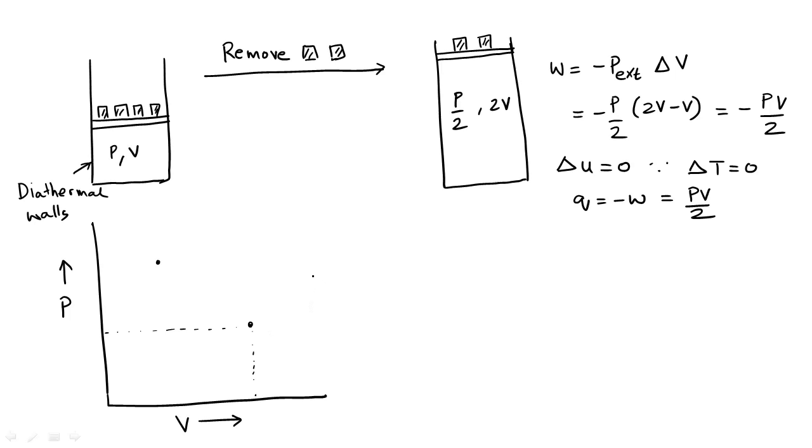Now let us do the expansion in two steps. Let us again start with the original state of the system, P, V. In the first step, we remove some weights so that after equilibrium, the pressure of the gas is 3P by 4 and the volume 4V by 3.